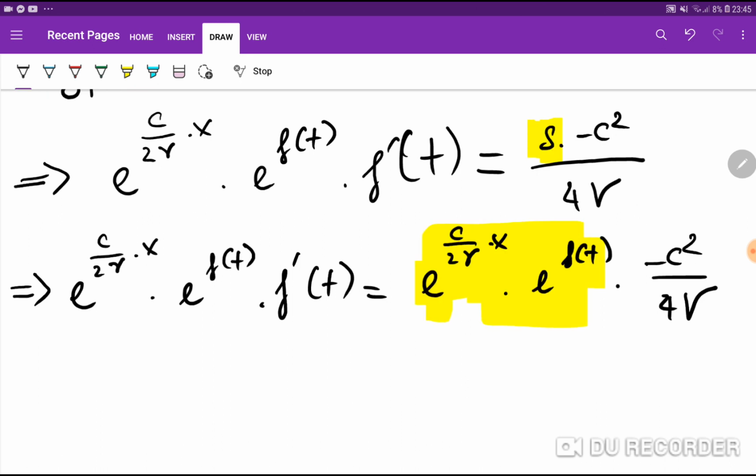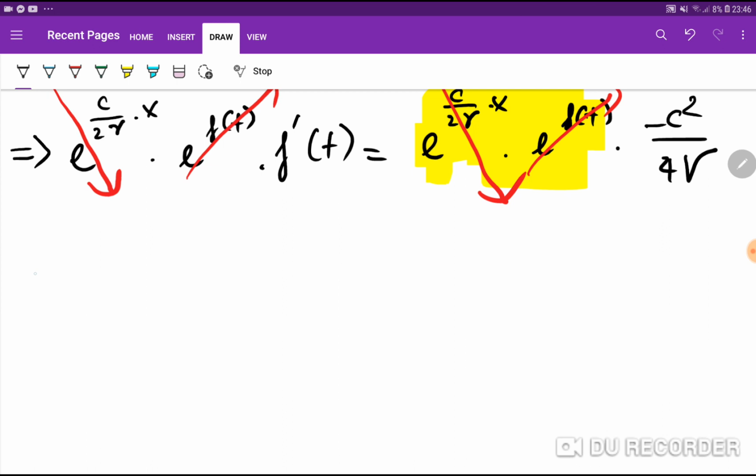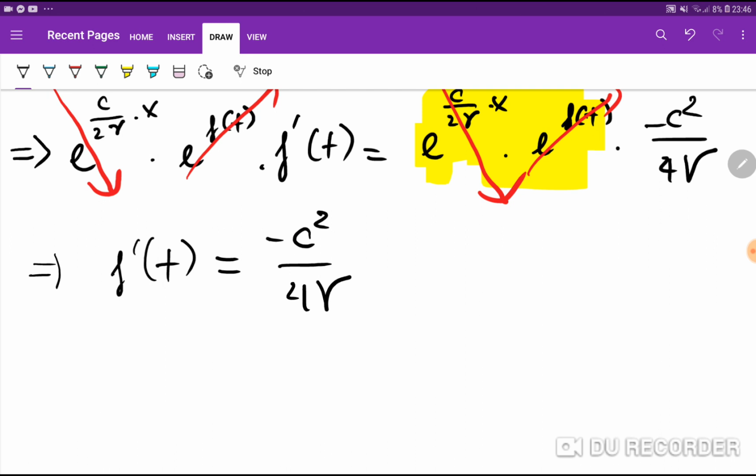So can we cancel out from both sides? Yes. The term e to the power f of t is the same, and e to the power c over 2 mu times x is also the same. What do we have left? We have f prime of t equals negative c squared over 4 mu. So you can solve easily for f of t.